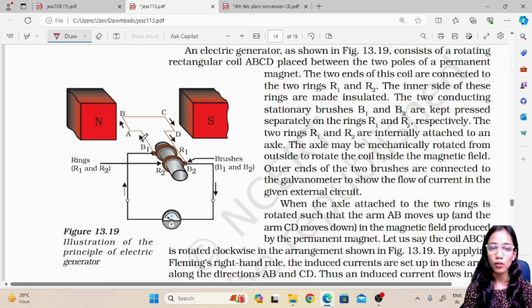Okay, so we have already seen the structure. ABCD, arm AB is connected to the ring R1 and brush B1, and CD is connected to the ring R2 and brush B2. On the inner side there is an axle which is mechanically rotated.